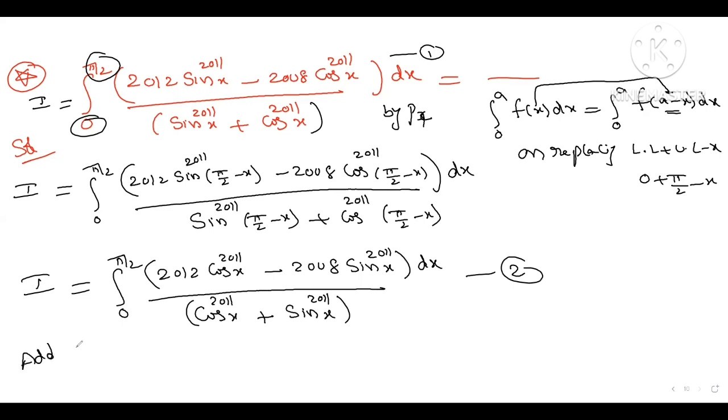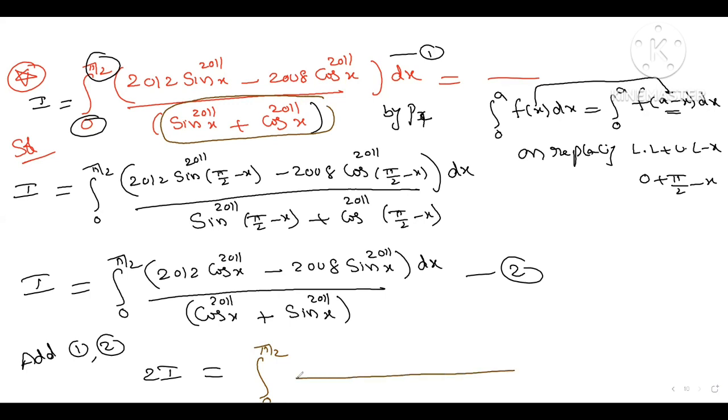Now adding equation 1 and equation 2, what we get here: I plus I is 2I is equal to, let us observe here, in the two denominators, in equation 1 and equation 2, the denominators are the same, like fractions. What is the LCM here? Integral 0 to pi by 2.